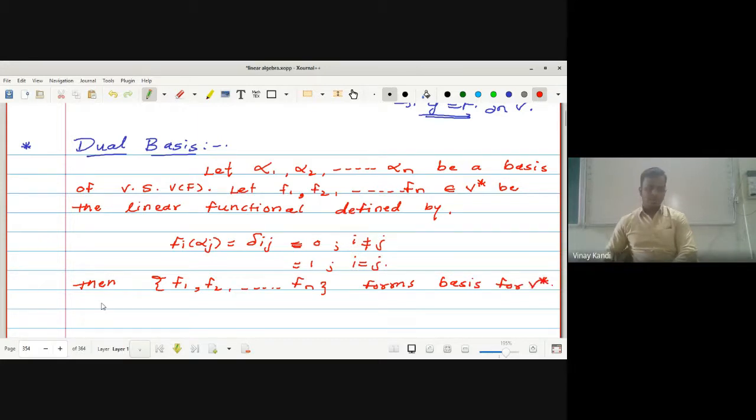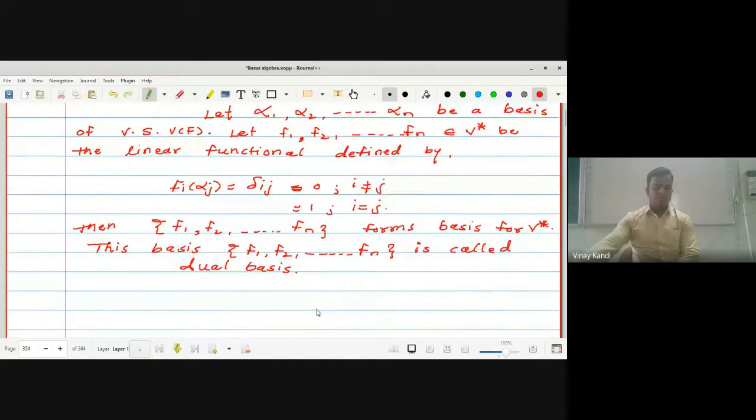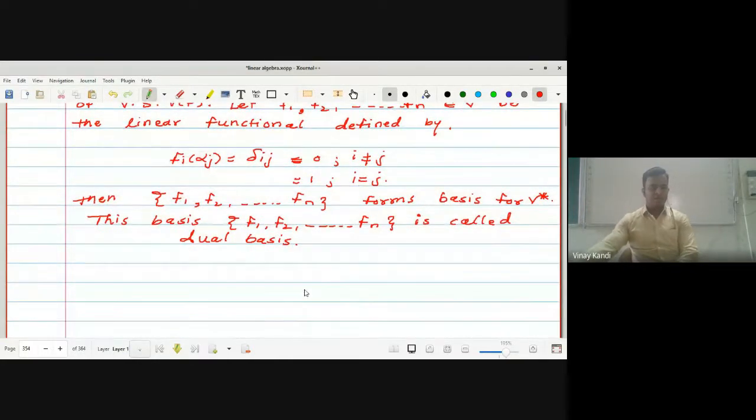And this basis, the set f1, f2 up to fn, is called the dual basis. Or we also say that this fi is dual to alpha j.